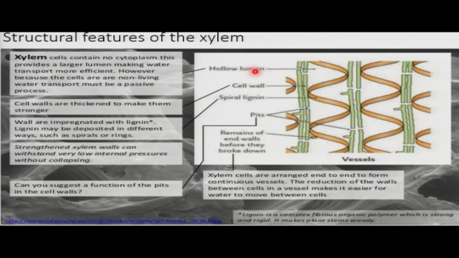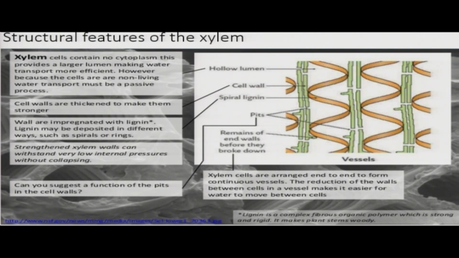When we look at this hollow, remember, when we say structures, a hollow lumen is not a structure, it's not a part, it's space left behind by the structures. So what structures are we looking at? The cell wall. What else do we have to look at?